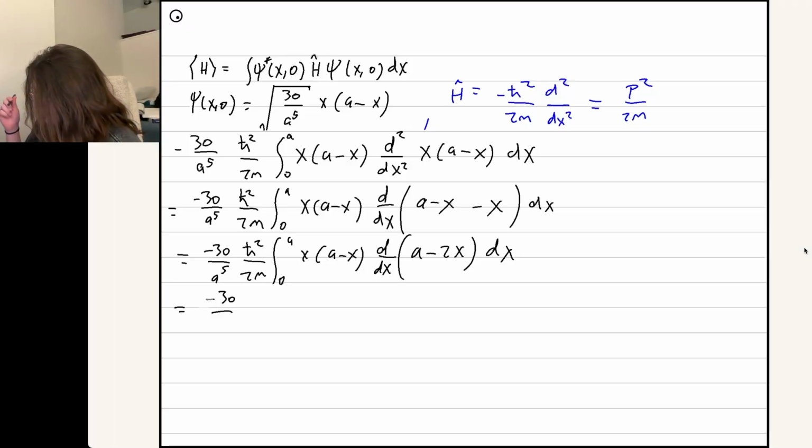So I'm going to actually factor out the minus and the 2 and just have 30 h bar squared over m a to the fifth out here. And then in here we've got just x times a minus x now.